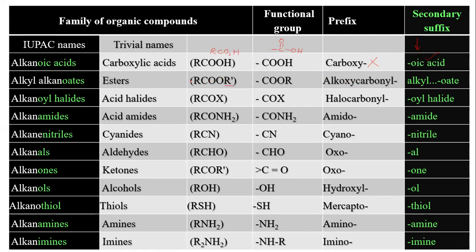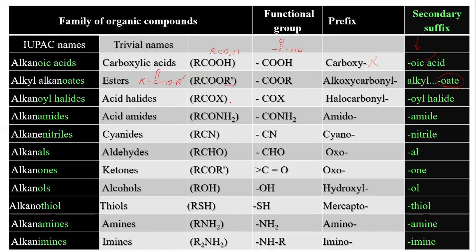It could be shown like this. The R group bonded to the single-bonded oxygen is not part of the chain. The chain always starts with C double bond O. So this R is written separately. Then we complete the name, and the suffix is -oate. When you see the nomenclature of esters, you will understand what I'm saying.